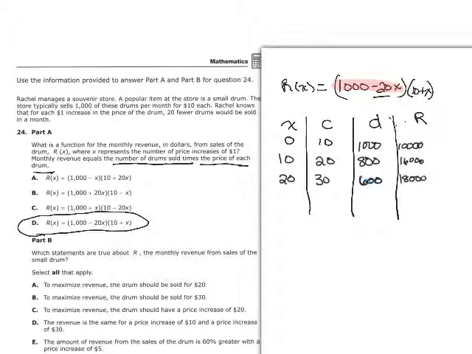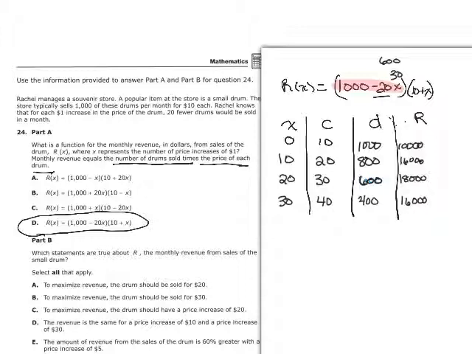All right, so where do we peak out? Well, let's go one more. An X value of 30 means we're increasing to $40 per drum. 20 times 30 is 600. So 1,000 minus 600 is 400. Hey, wait a minute. We've now lost ground.